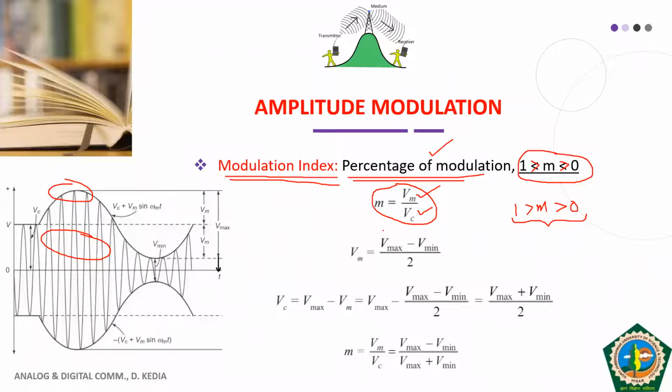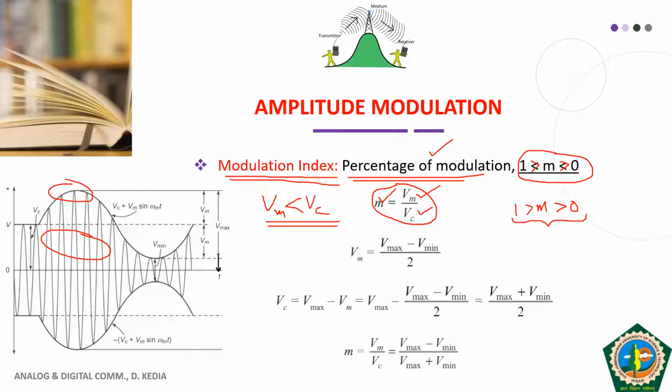If you again look at this definition of modulation index, m equal to Vm by Vc, when we say that m should be less than 1, that means the amplitude of the modulating signal should be less than the amplitude of the carrier.